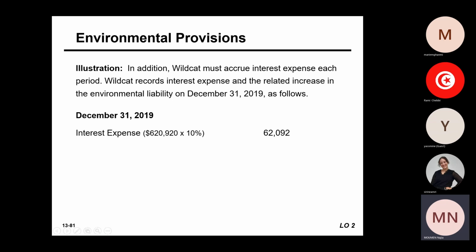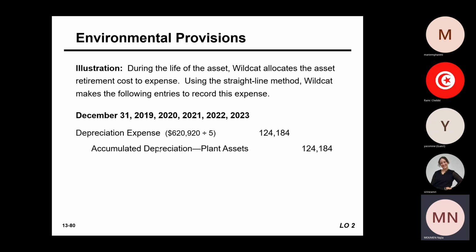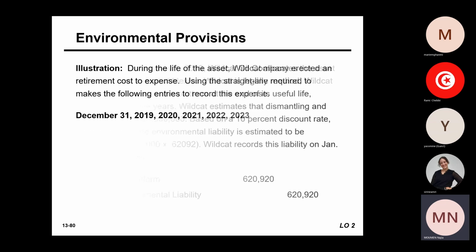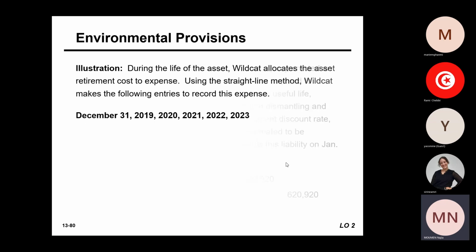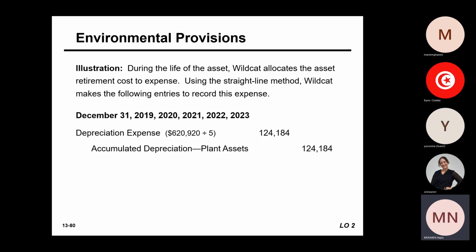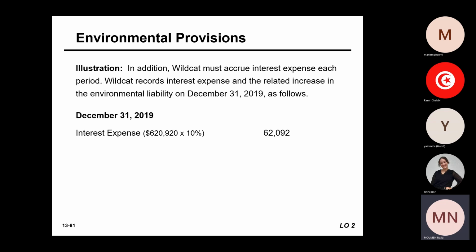So here we have interest expense at 10%. We calculated the present value using a 10% discount rate, okay? So we should use the discount rate of 10% times the present value, and then the environmental liability will be increased by 62, okay?